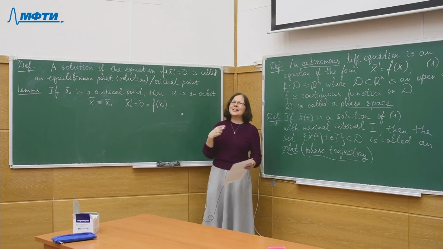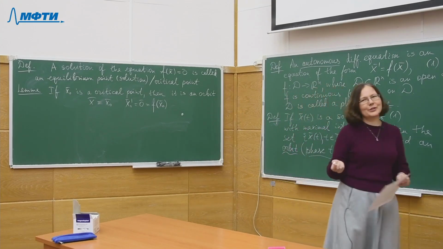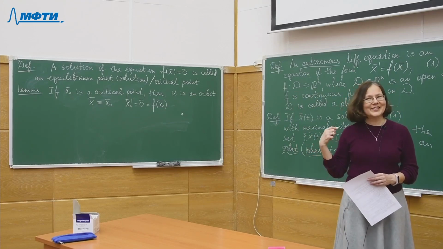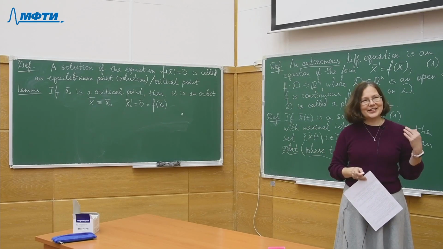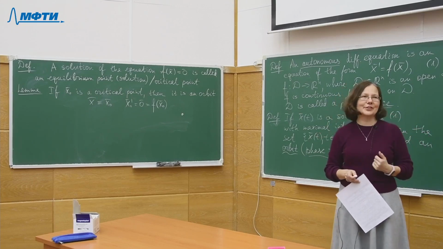But what about the integral curve? Is the integral curve a point or a line, or what is the integral curve of this solution? Just a straight line, right? And the projection will be a point.